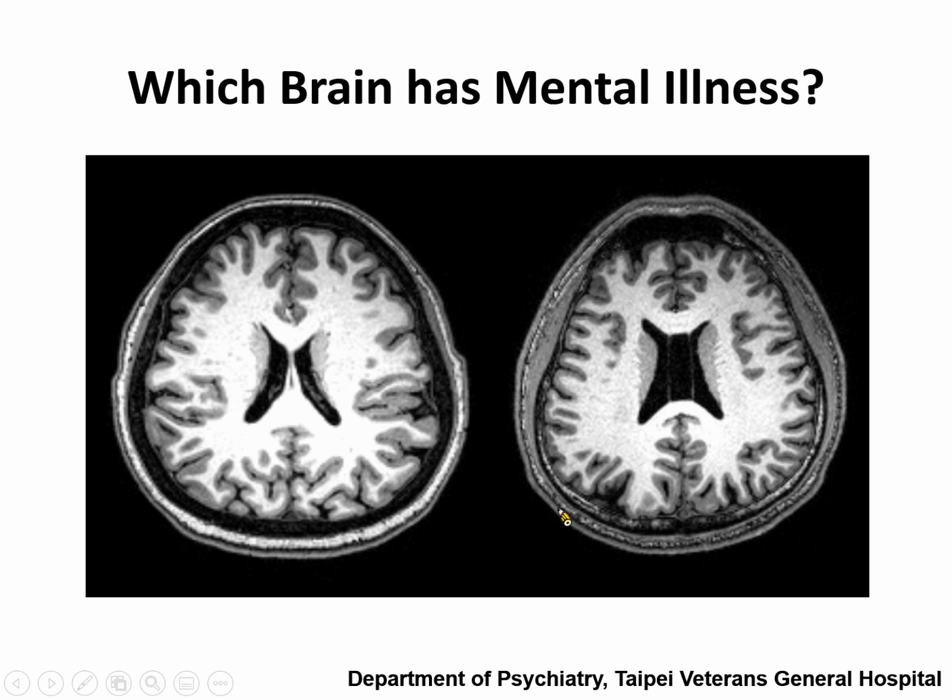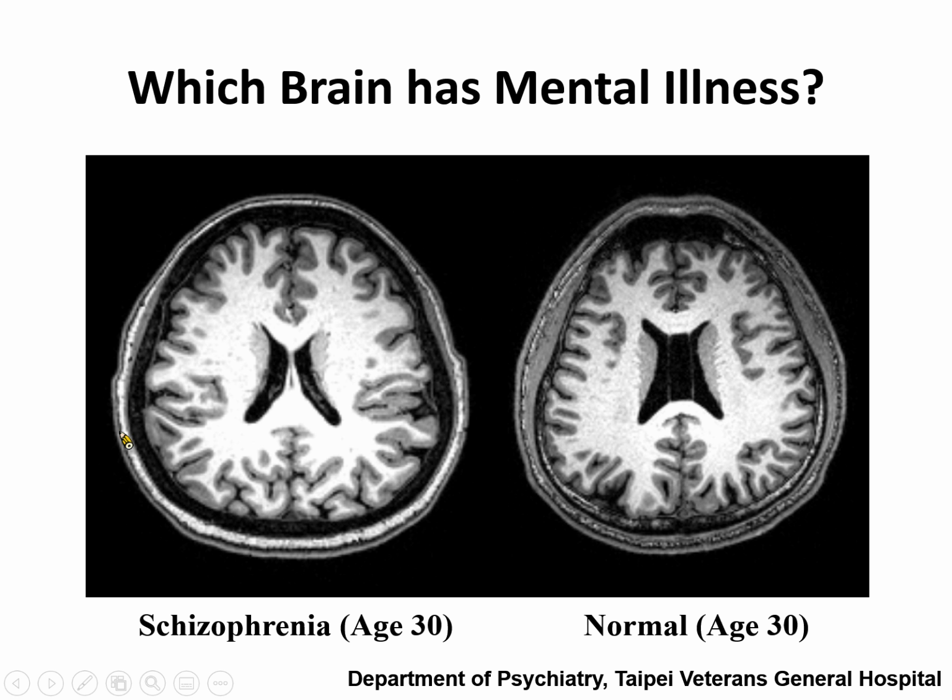Okay, I know some of you might think the right one has the mental illness and the left one is a normal person, but actually the left one is a scan from a patient with schizophrenia, which is a very severe mental illness characterized by hallucination, delusion, and declined cognitive functions.